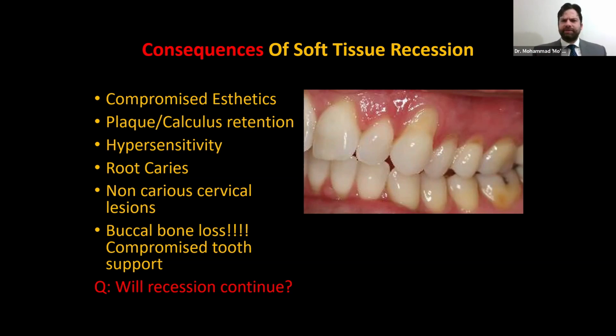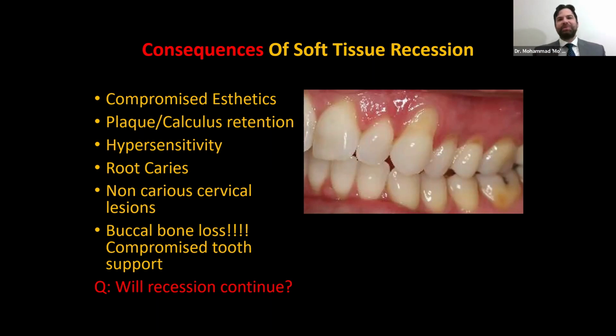Gums are supposed to cover the bone, and the bone is supposed to cover the roots of the teeth. But when you have recession, you don't see the bone. Why? Because the bone is already gone, which means in a case like this, for example, we have lost the buccal bone, at least to an extent, which also means that the periodontal support of the tooth is compromised.